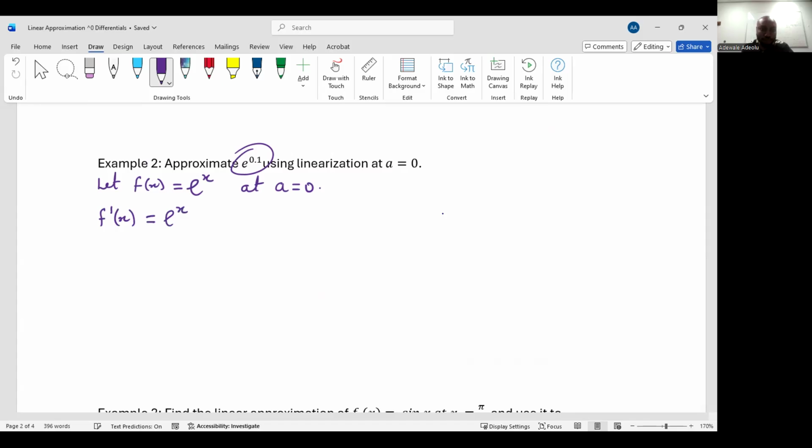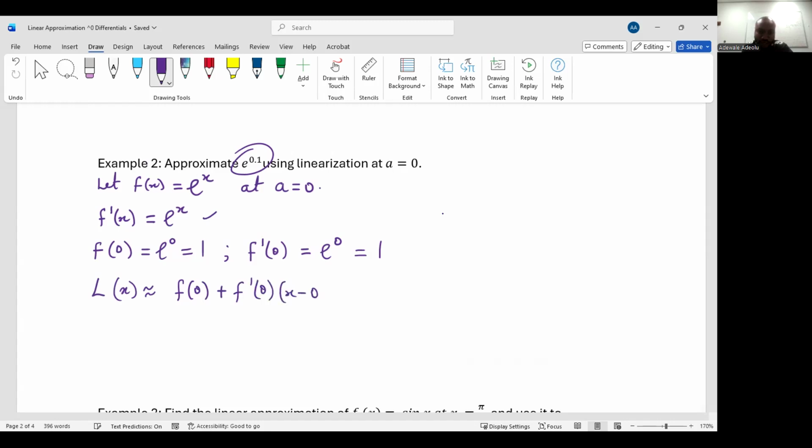So now, let us compute f of 0. That is e to the 0, which is 1. Then f prime of 0 is e to the 0, because the derivative here is also e to the x, which is 1. Now the linearization is f of 0, that is our a, plus f prime at 0 times x minus 0.